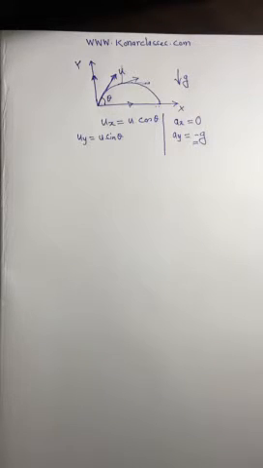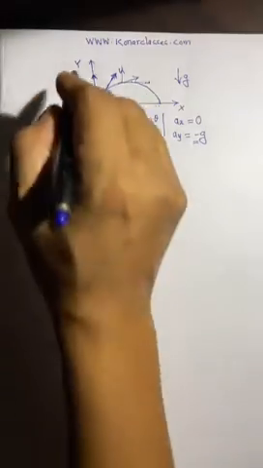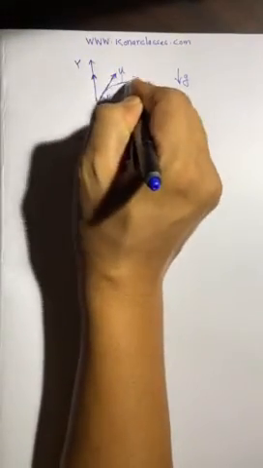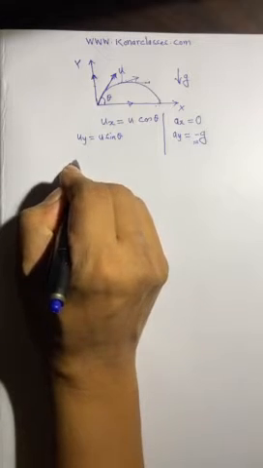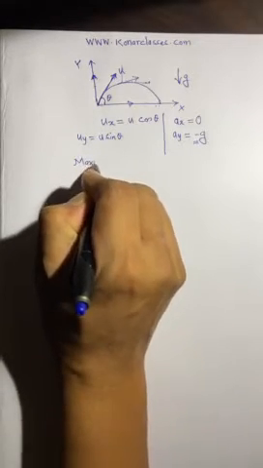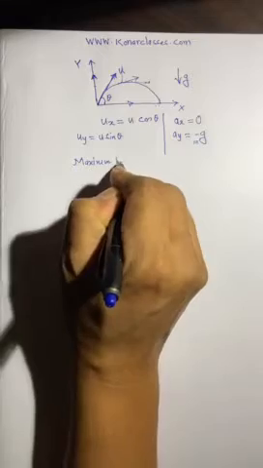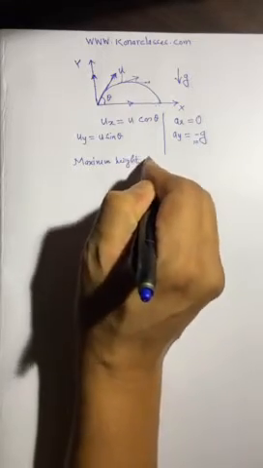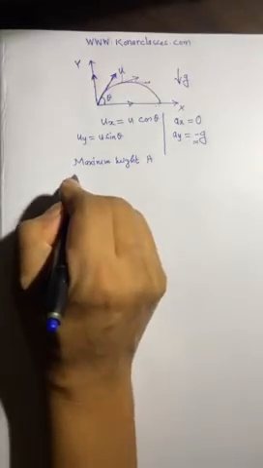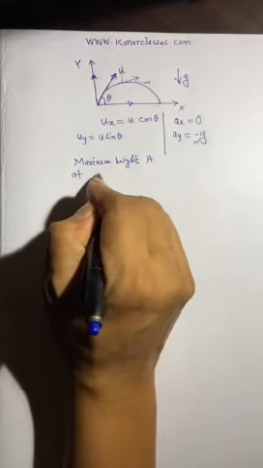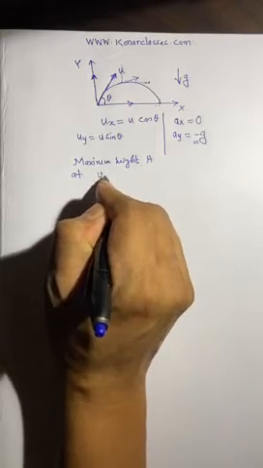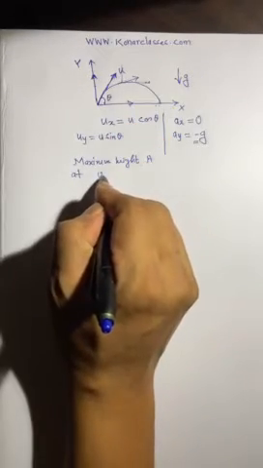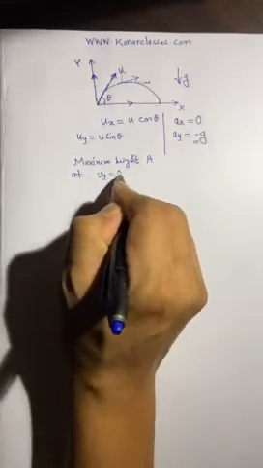Now if we have to find the maximum height of the projectile, let's say the maximum height is h. At maximum height, the y component of the velocity will be 0, so Vy will be 0.